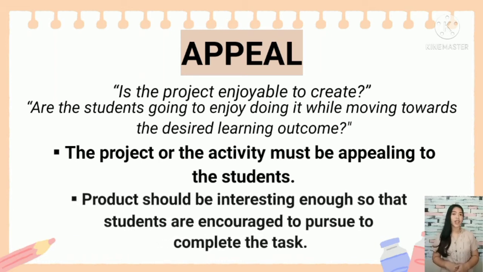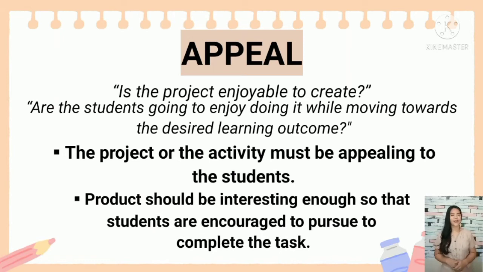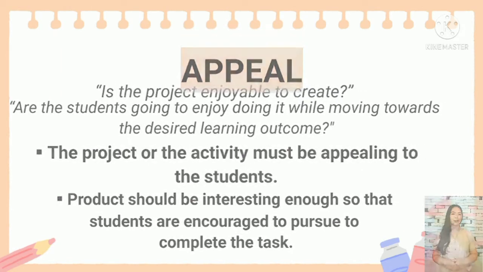And the product should be interesting enough so that the students are encouraged to complete the task. For the students to be more engaged, a product or activity must be catchy, enjoyable, or appealing while they are having fun and learning at the same time.